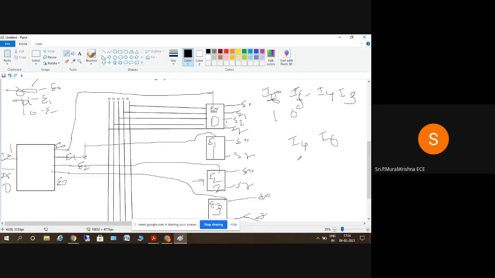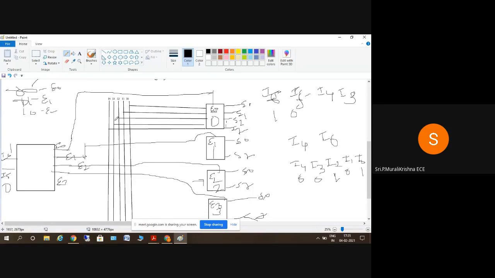So if I say the I4 to I0 values are: I4 is 0, I3 is 0, I2 is 1, I1 is 0, and I0 is 0, or let's say I0 is 1. If I put these values, what happens here out of 8? What is the value I have to take here? The fifth line should be activated here.